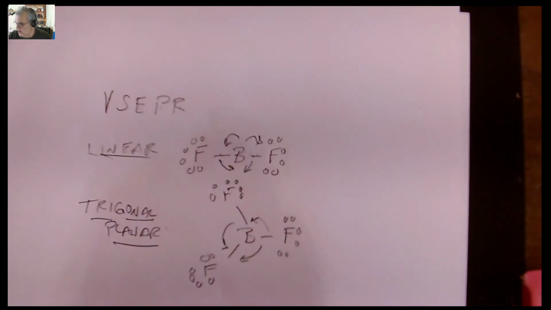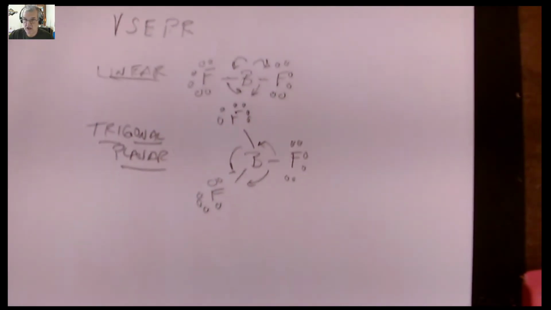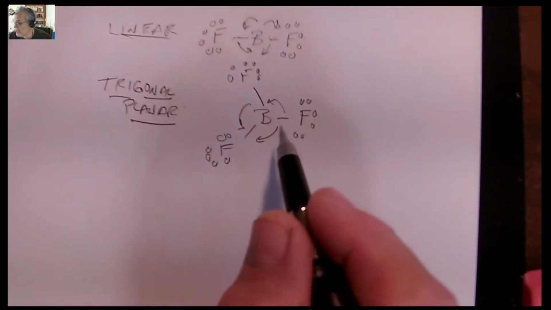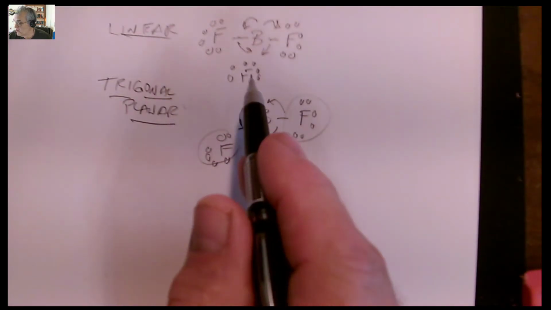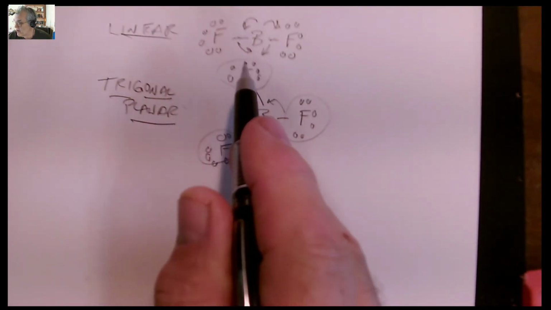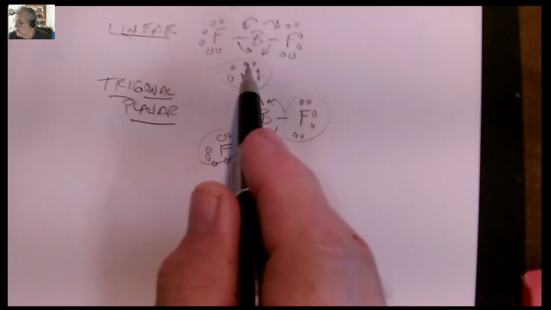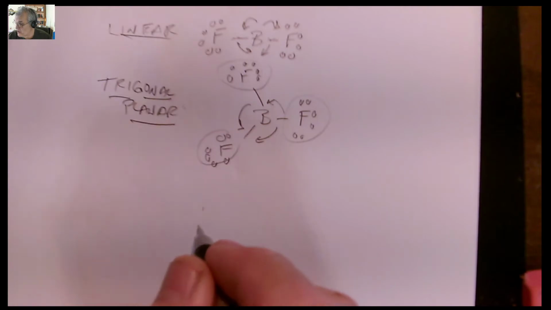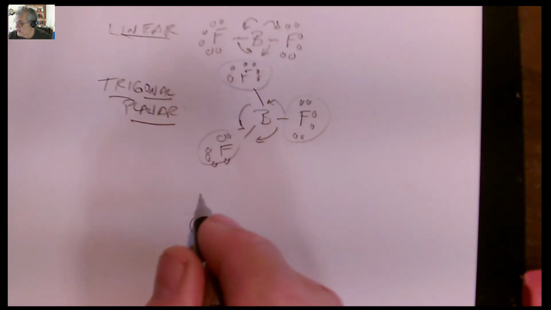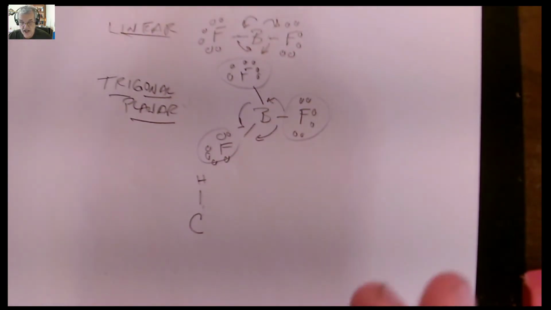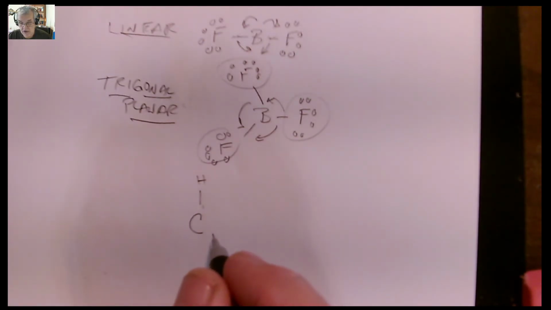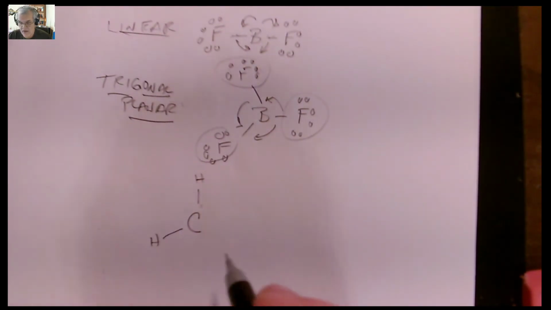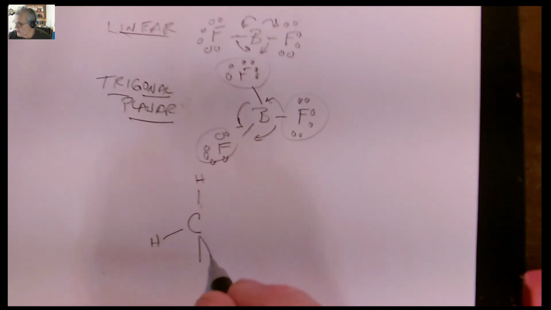The final one, the other one that we're going to go through, because it's the only other one you really need, is what would be the shape around these molecules for the 4. There's 4 things around them, right? Pairs. Remember, we're dealing with pairs. 1, 2, 3, 4 pairs around them. It's the same as the 4 pairs for our CH4 that we had. Okay, so the way we draw that is trying to do a 3-dimensional structure here.